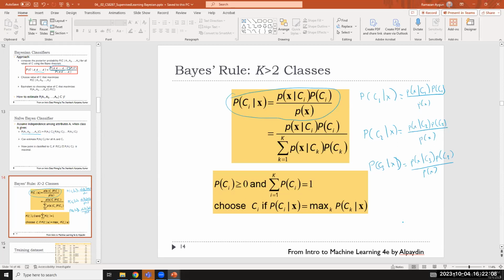I need to find the class that has the highest probability, so I just need to look at the numerators. Since the denominators are the same, the class with the highest probability will have the highest numerator. So I just need to focus on the numerator: the probability of observing that class times, given the class, observing that X. That's the way we are going to do it.